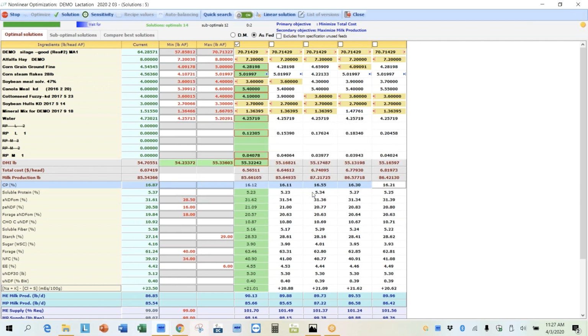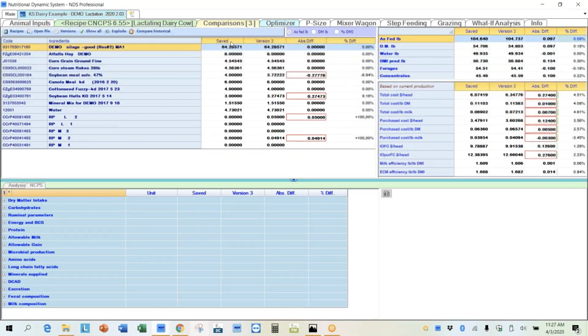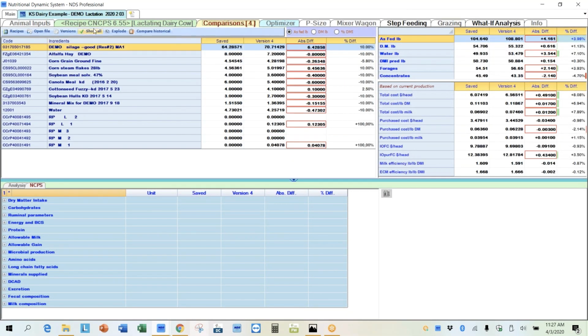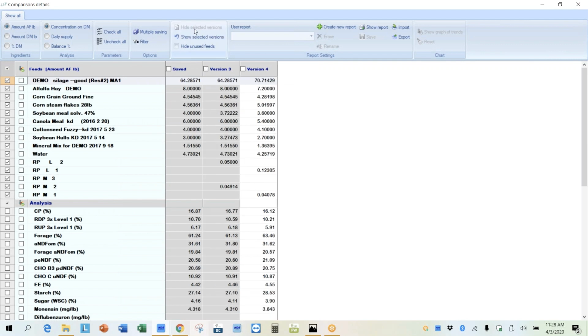This is all just optimizer functions. And now look at that, but leaving it here is what I want those comparisons to be. And so I may run that as a comparison to. Now I can go to the show all version, and I'm going to go ahead and hide version 2. That didn't mean anything.